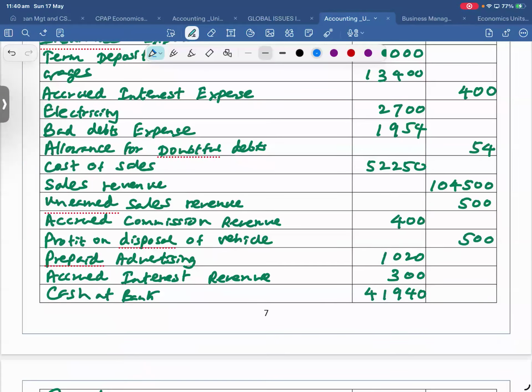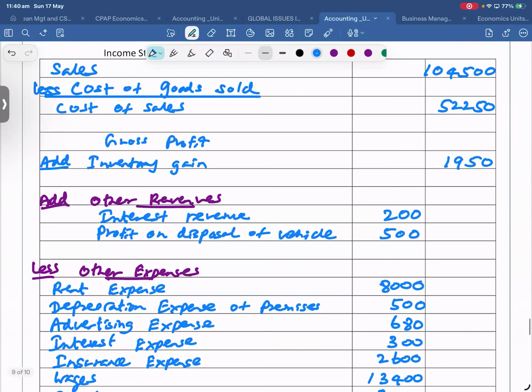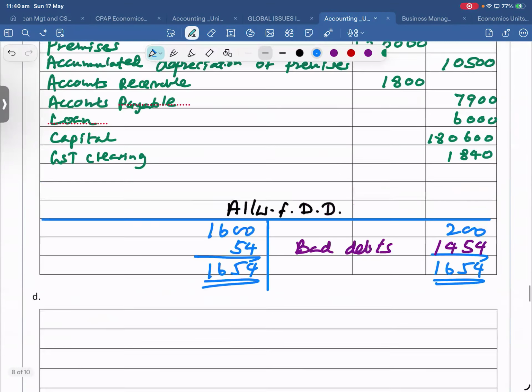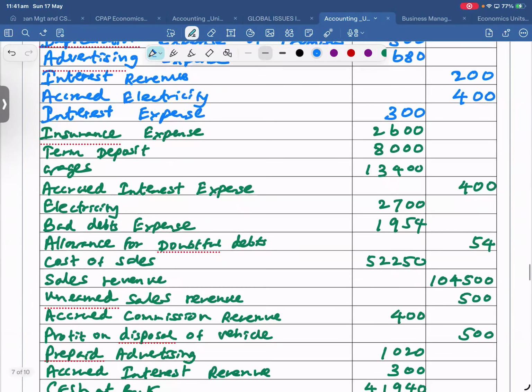Profit on disposal of vehicle, which is other revenue. Profit on disposal of vehicle 500. Next one, unearned sales, current liability, we don't have to worry.